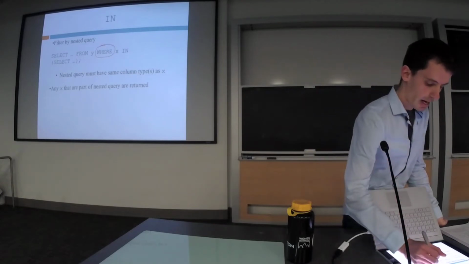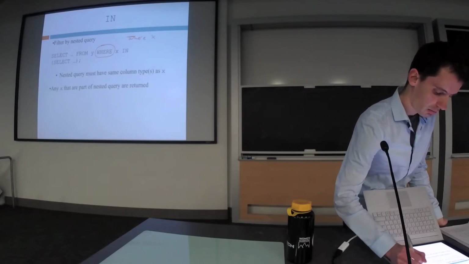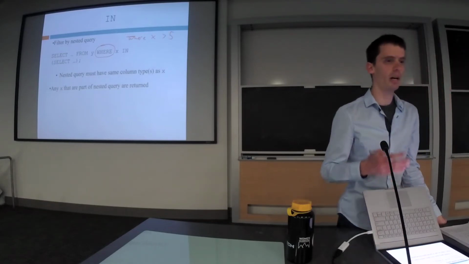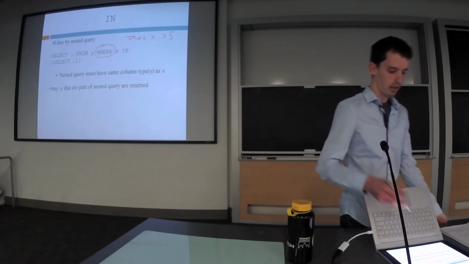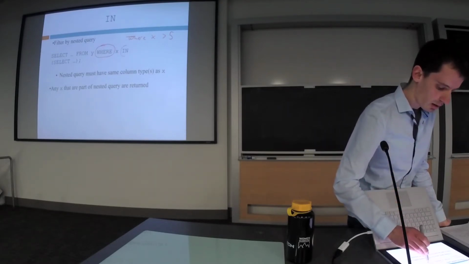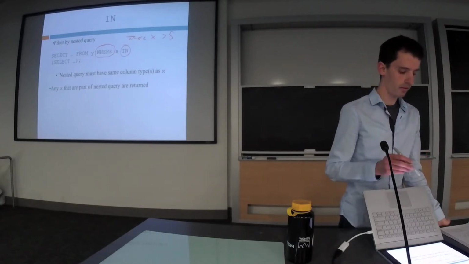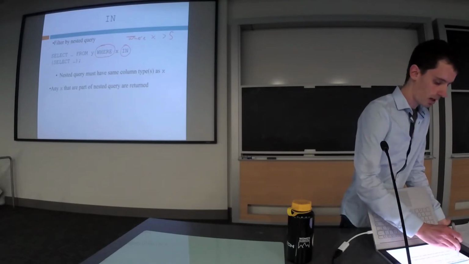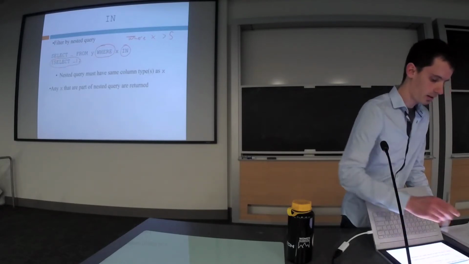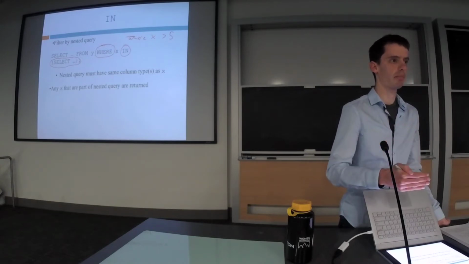So I can have where x greater than 5 or something. It's a Boolean expression that it's expecting. So in returns a Boolean. This is saying if x exists in whatever is inside the parentheses here, then it results in true for that x.